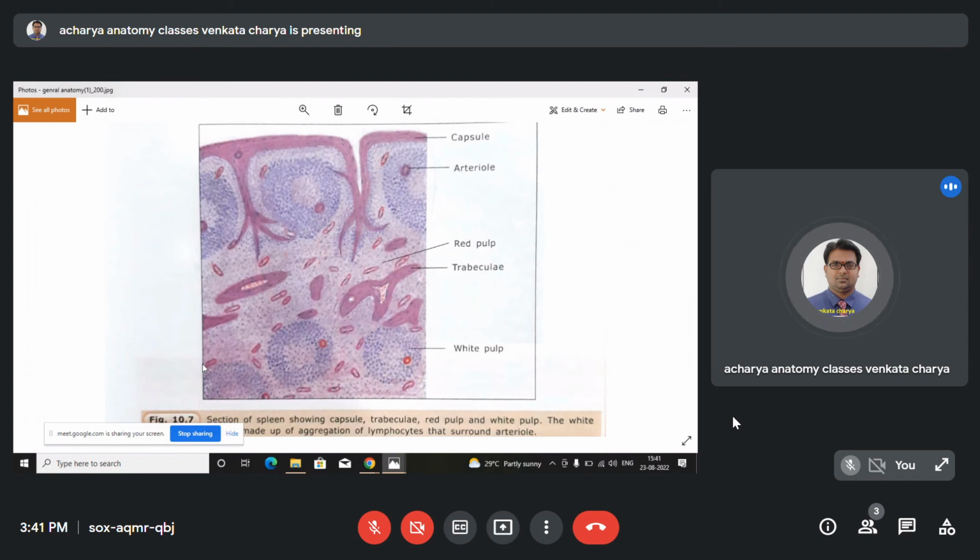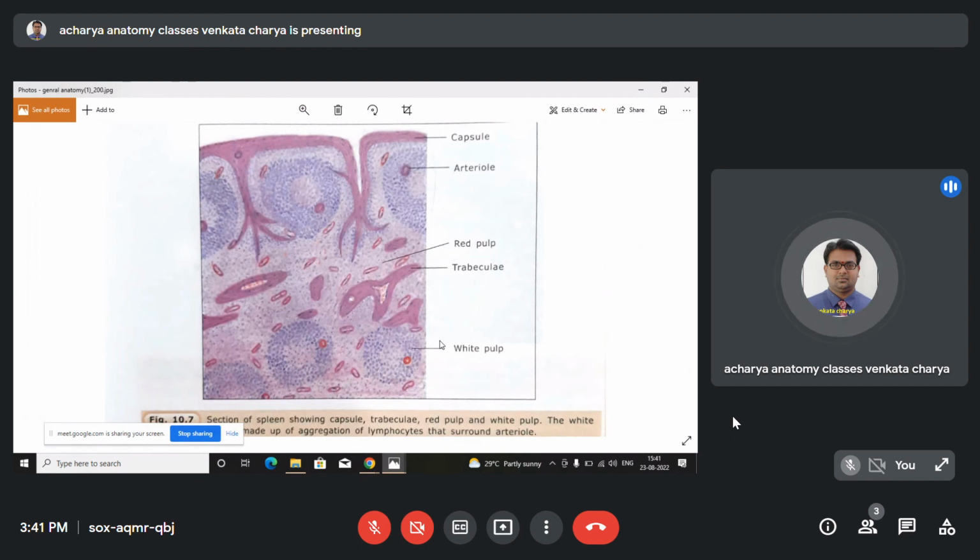Are you getting it? Each lymph nodule has a germinal center, and most peripherally completely matured lymphocytes are present. In the spleen there is red pulp and white pulp.